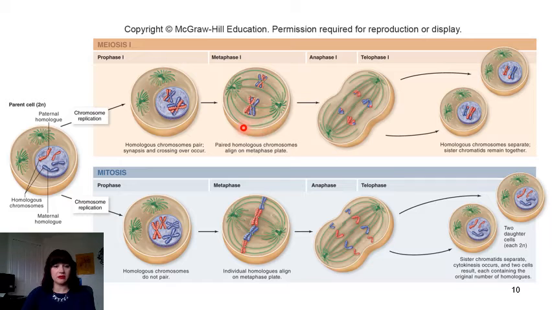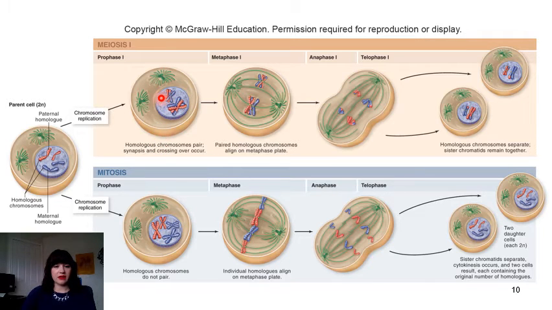During metaphase, you can see that the mitotic spindle grabs onto the chromosomes and pulls them apart to opposite sides of the cell. During telophase, just like during mitosis, you end up with 2 daughter cells. But there are a few key differences.